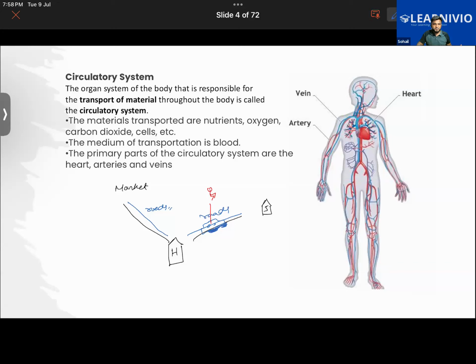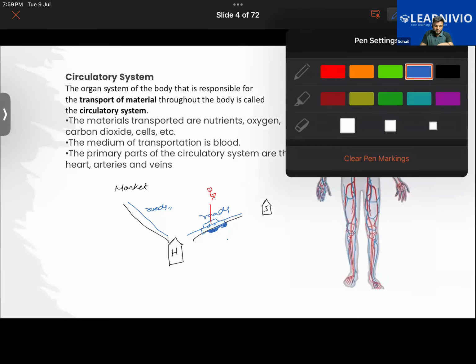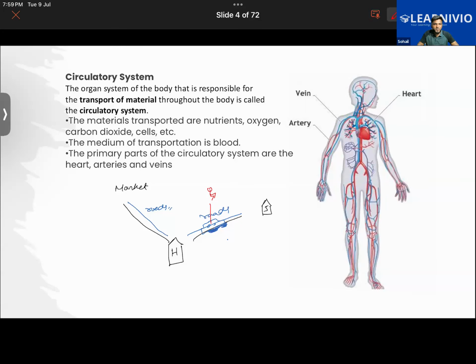So the road you can think of as the veins and arteries, and this vehicle you can think of as the blood. So the blood would be carrying oxygen, food, carbon dioxide, and other waste materials. Got this now? What I'm trying to say? Yes, sir.